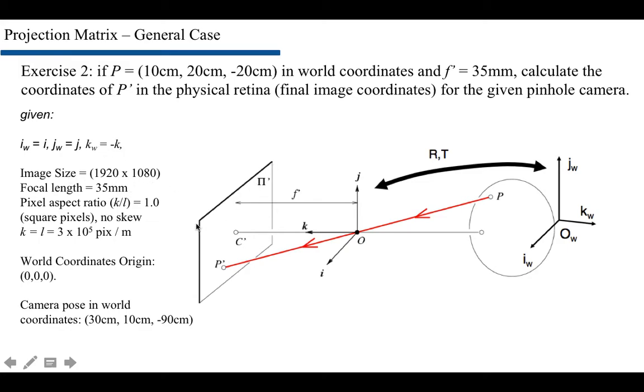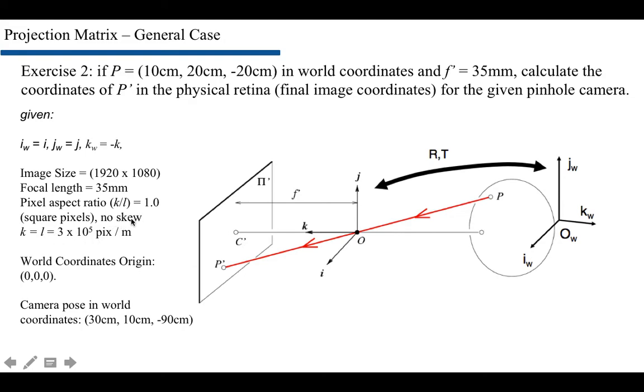We assume that the image size is 1920 pixels times 1080 pixels. And we assume, as we said, a focal length of 35 millimeters. And we assume that the pixel aspect ratio is equal to 1, so we have square pixels. We have no skew at all.